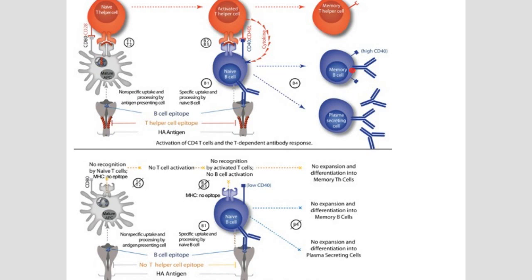You'll see both a cell-mediated response, and also a humoral response where you get antibody production for many of the fungi. So this is just a recap of what we had discussed earlier as part of the immune response to fungi.